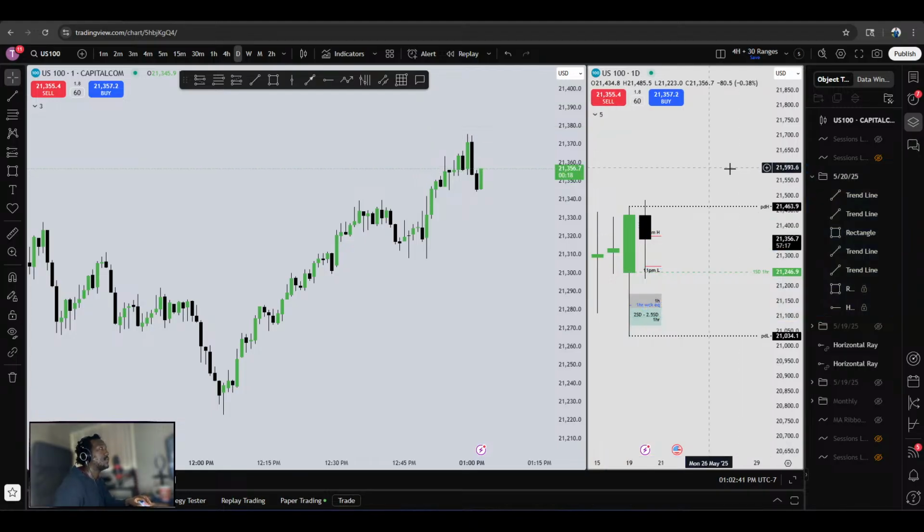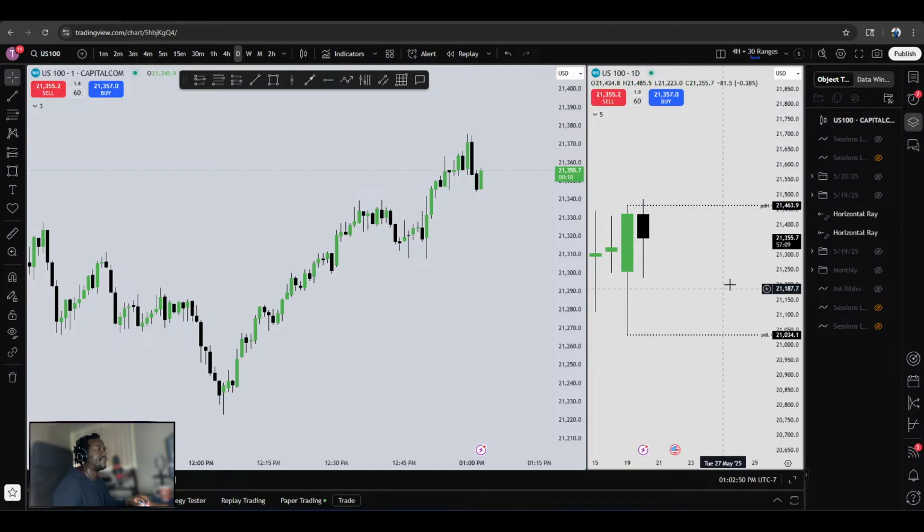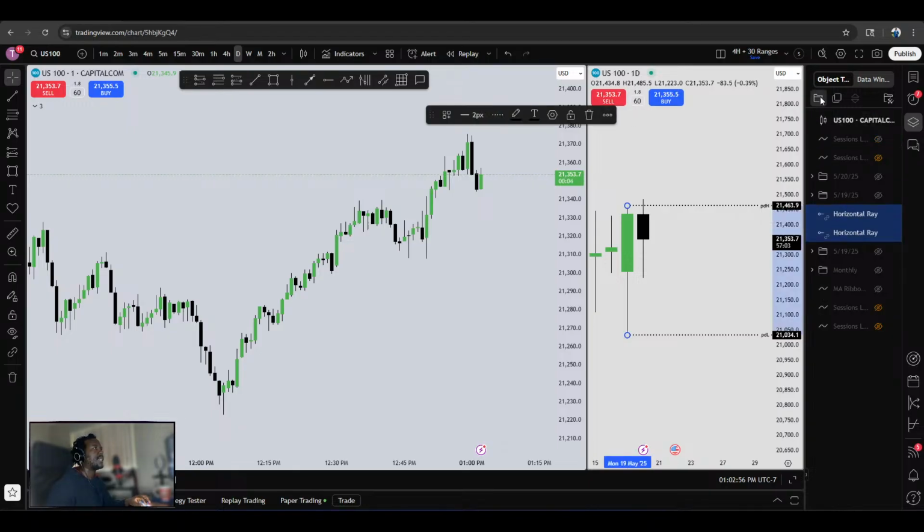TradingView, could you do this for us automatically? Like have, I don't know, an option to do that if we wanted to. So that's the previous day high, previous day low. I don't think there's a need to mark that. Actually, this would be nice, where I can have a folder that shares. So I can have like 2, 5, 20, 25.